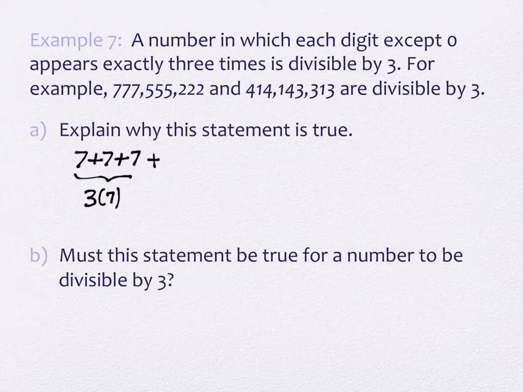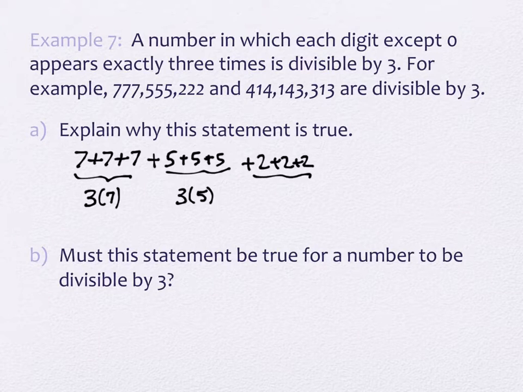And if I did that with the next one, 5 plus 5 plus 5 is the same as 3 times 5. And then 2 plus 2 plus 2 is the same as 3 times 2. Each of the components I'm adding together is a multiple of 3. So their sum is going to be a multiple of 3 as well.